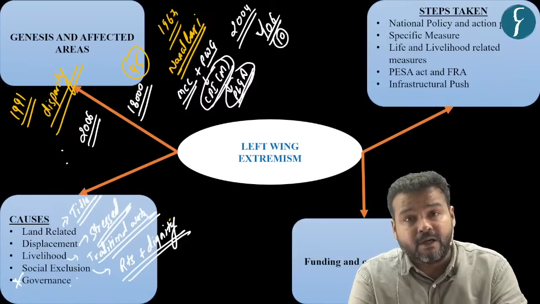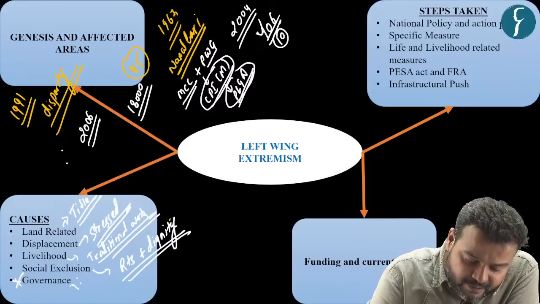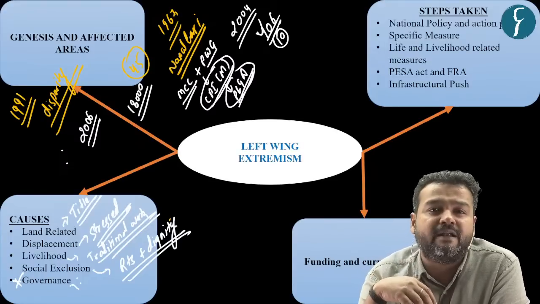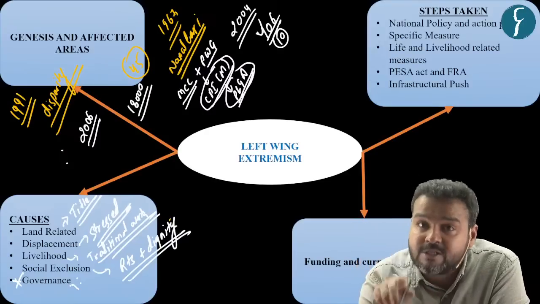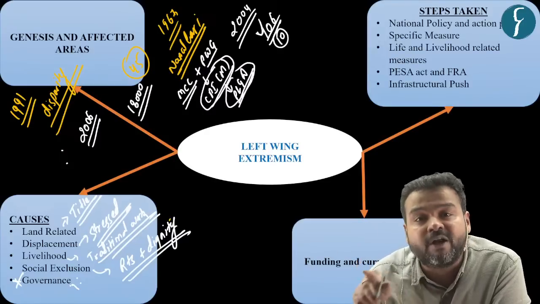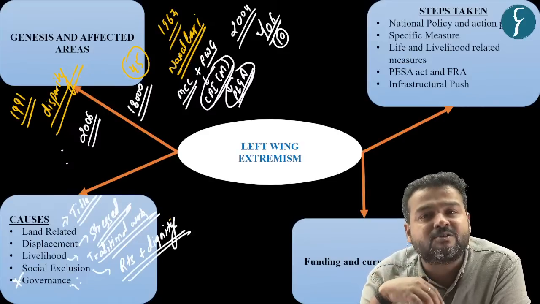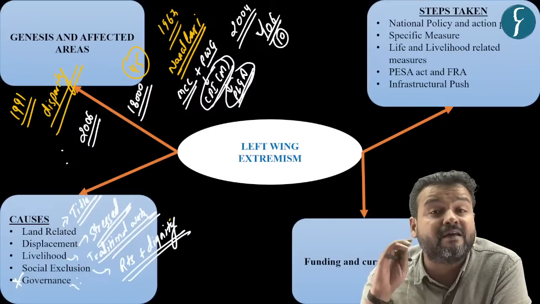And clubbed with the corruption in these areas, because if these areas have difficult terrain and government cannot reach to deliver the service, it is also tough to monitor the officials there. So there are instances of rampant corruption, just not economically.